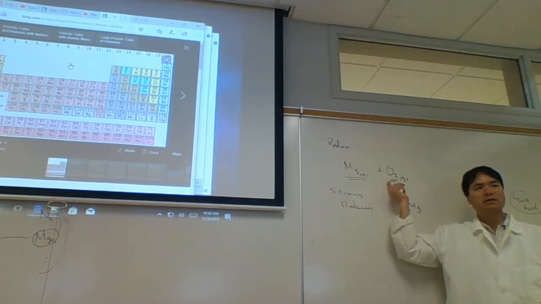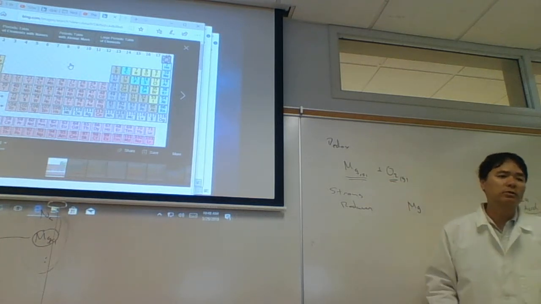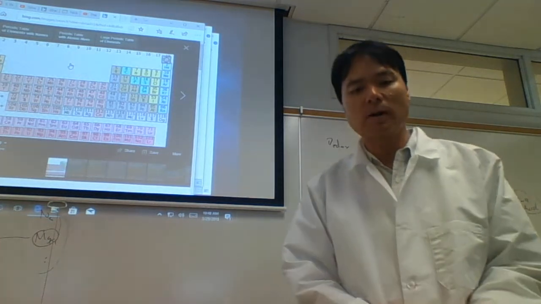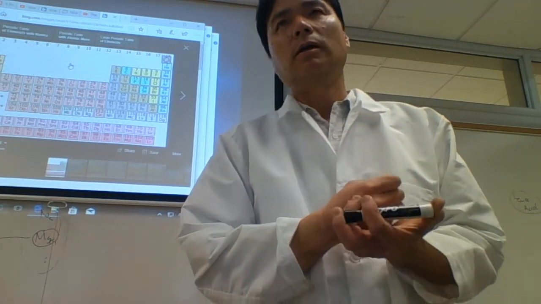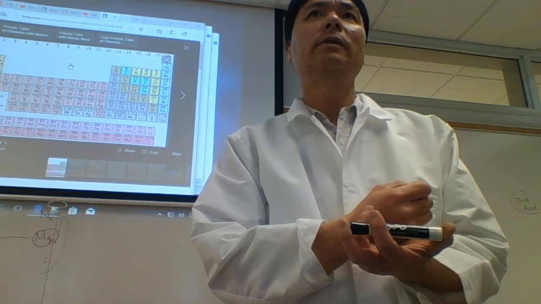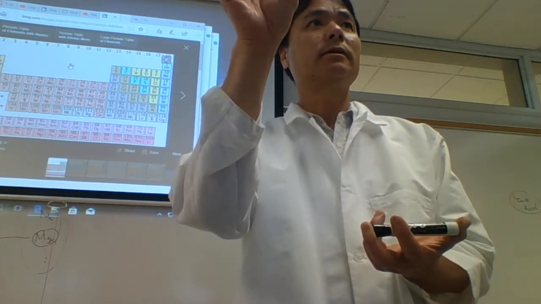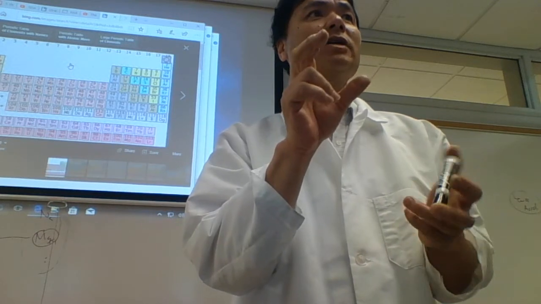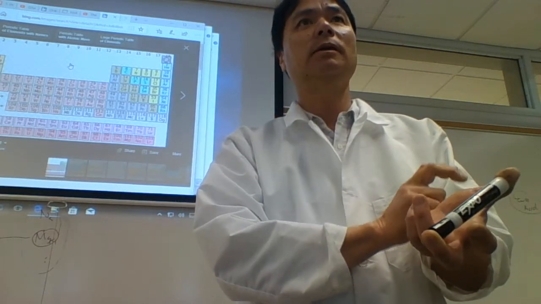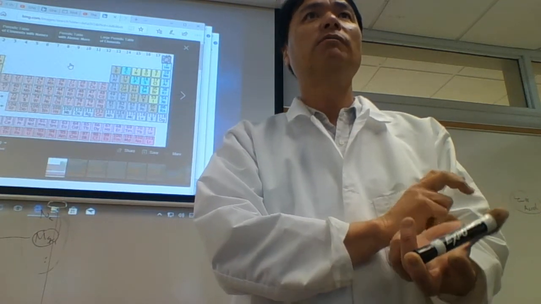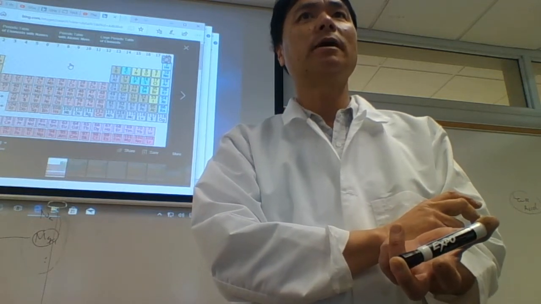However, there's Lewis acid-base. One of the most important Lewis acid-base reactions occurs in your body, and that's with hemoglobin. Hemoglobin is a Lewis acid, and oxygen is a Lewis base. And we have a Lewis acid-base reaction when oxygen combines with heme in hemoglobin. Unfortunately, there are more powerful Lewis bases out there.